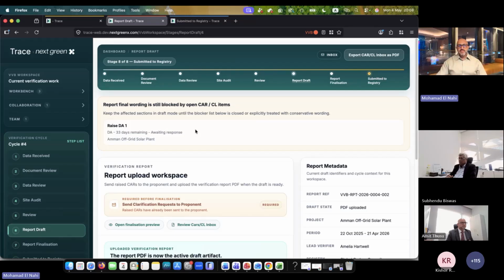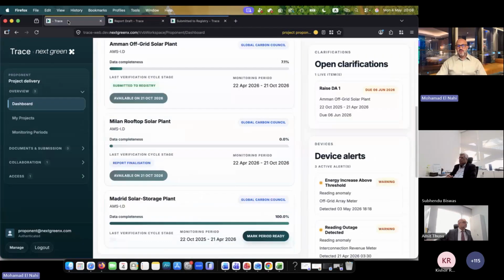Once that work is done, everything can be sent to the project proponent, who needs to approve the final result prior to the submission to GCC as a standard. So as you could see, this is one specific place where all the stakeholders could efficiently do their work.